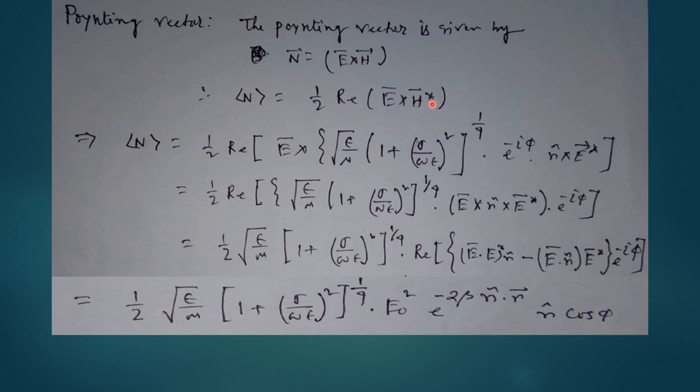Here H star is the complex conjugate of H. We previously found the value of H, and for H star it is equal to root of epsilon by mu into (1 plus (sigma by omega epsilon) square) to the power 1/4 into e to the power minus i phi into n cross E star.